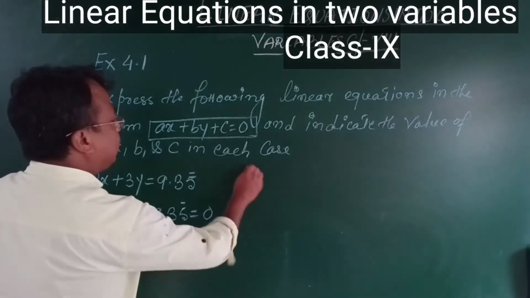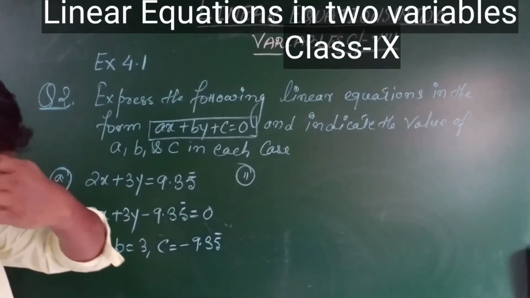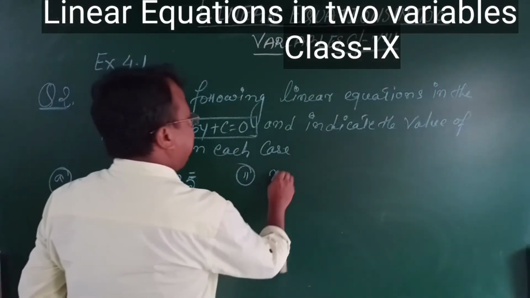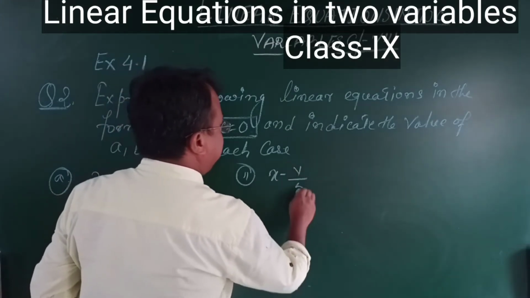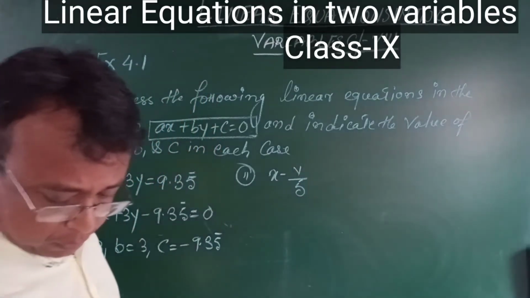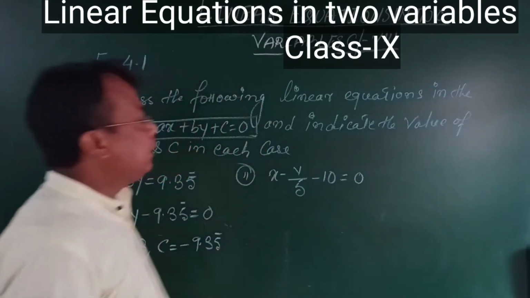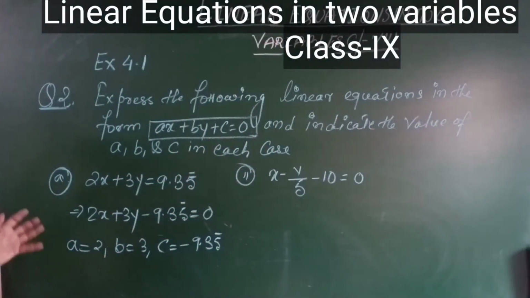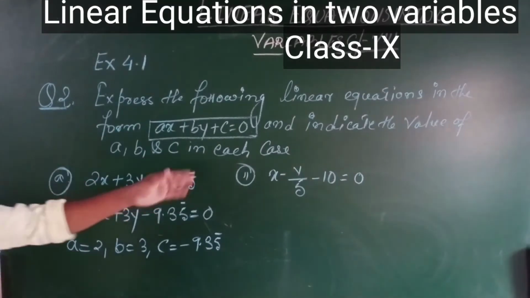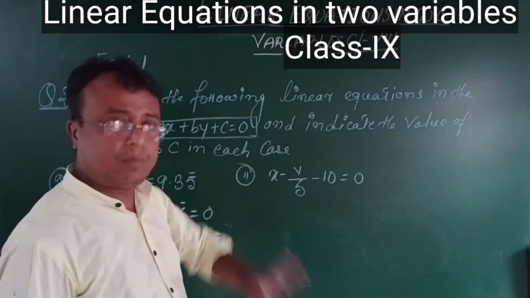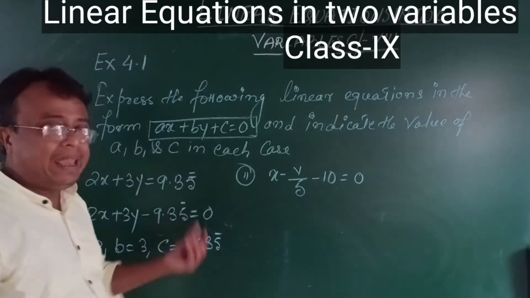Now come to the next question. It is x minus y by 5 minus 10 is equal to 0. Now you see, this one is already in standard form, no need to bring it into standard form. There are x, y, and then the constant term. Only you have to write the values of a, b and c.